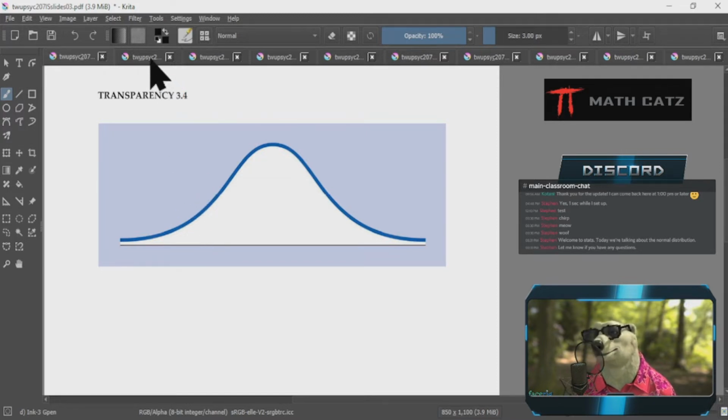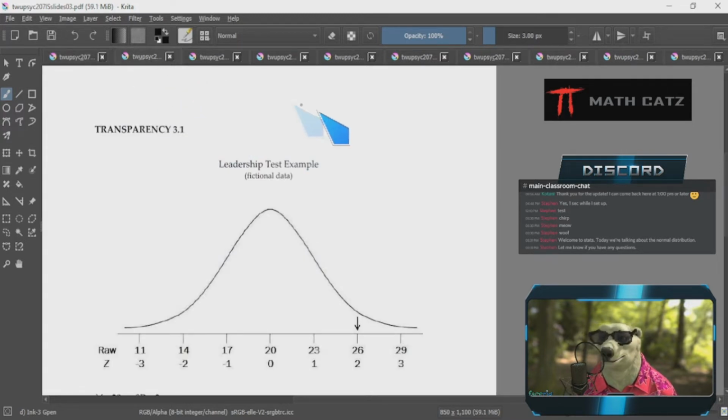So let's have a look. That's one benefit to understanding this bell curve, is we can do more precise calculations.